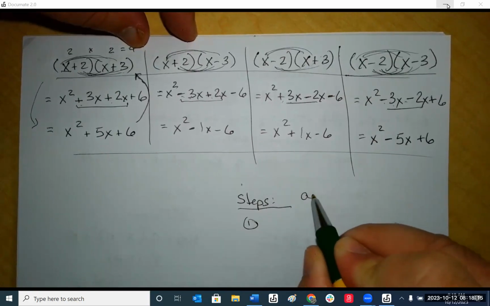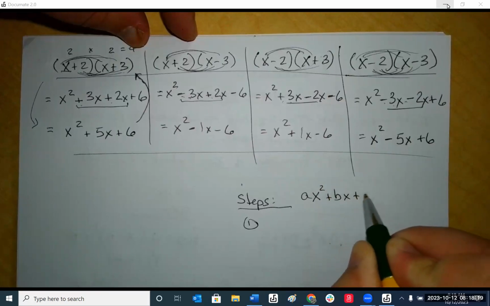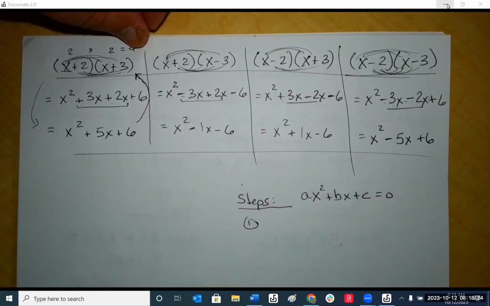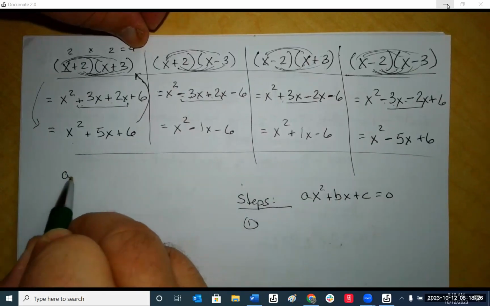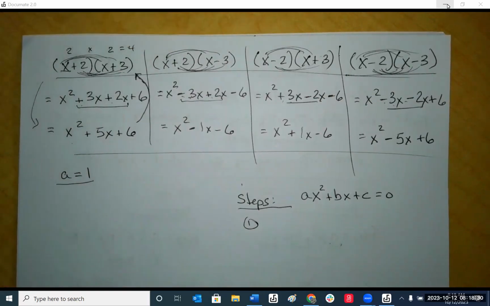Remember, our equations are standard form. These are all in standard form. What we're going to look at first is if A, our leading coefficient, is 1. The rules change a little bit when your leading coefficient is different.